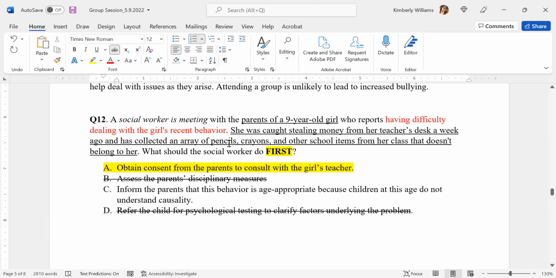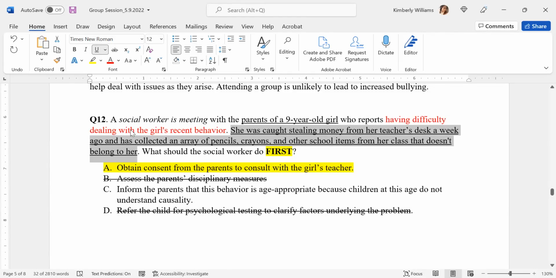That's not always the case, because as you can see, the rest of y'all who were focusing on this as a presenting problem were having trouble trying to figure out which one it is, or no, it's C. But when you focus on the actual issue here, most of her behaviors are happening at school. She's meeting with the parents of 9-year-olds.